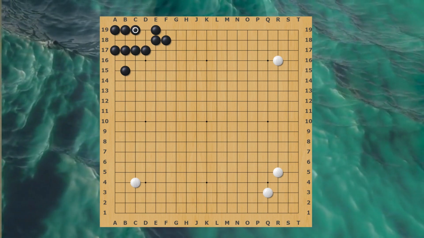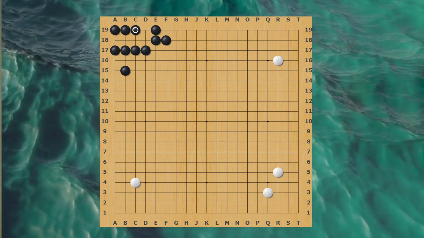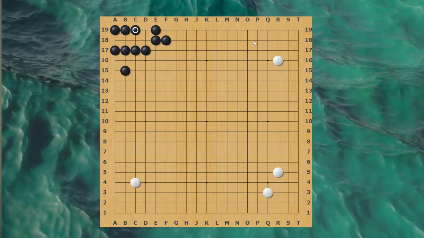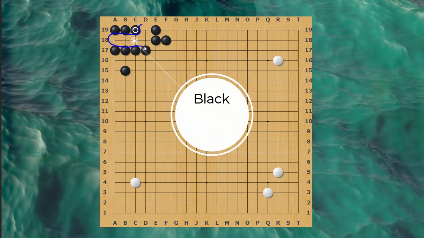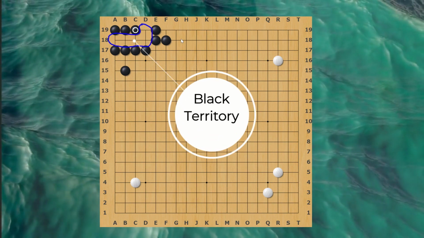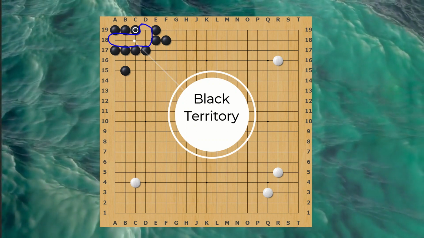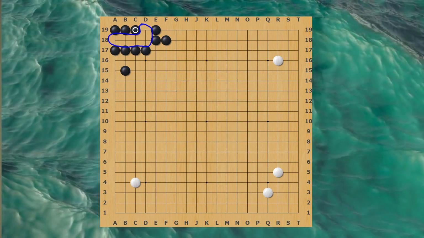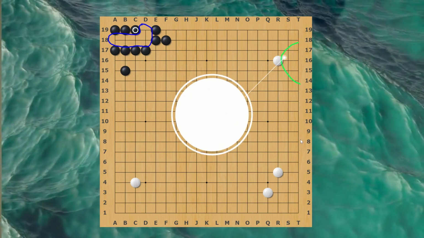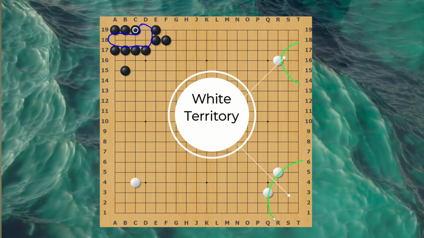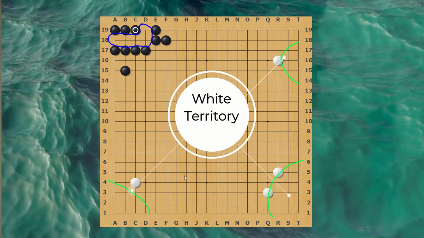But what happens now is that on the overall big picture, the whole game is supposed to be about surrounding territory, and here is the territory that black is basically surrounding, saying like, this isn't going to be mine. Whereas white is laying claim to all of these territories here.